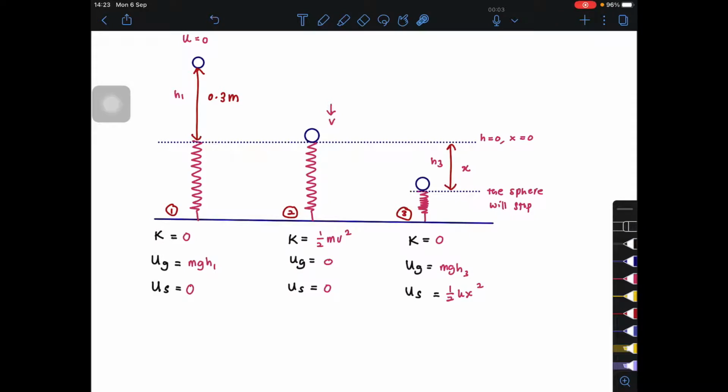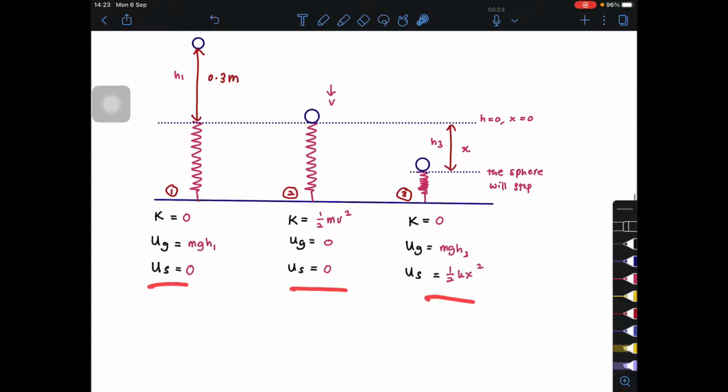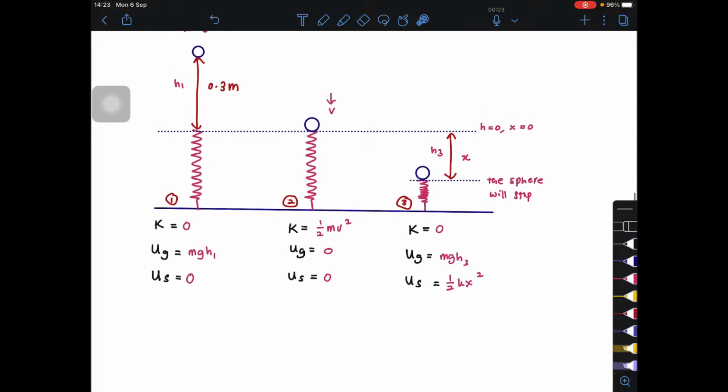So since kita sudah buatkan dekat sini, you just tengoklah first. Okay, they have the gravitational potential energy, and then it is converted to kinetic energy, and then next one converted to gravitational potential energy and elastic potential energy.